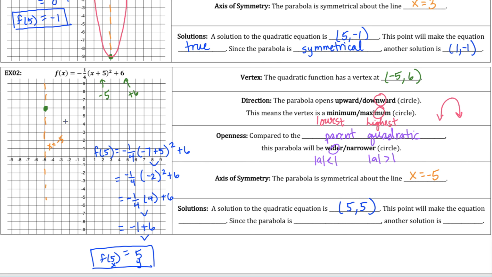Oh, that wasn't 5. What did I do? Oh, I put a -7. I don't know why I have this 5 here. Oh, because I changed it earlier, right? So I substituted -7. I changed that, remember? So f of -7 is +5.